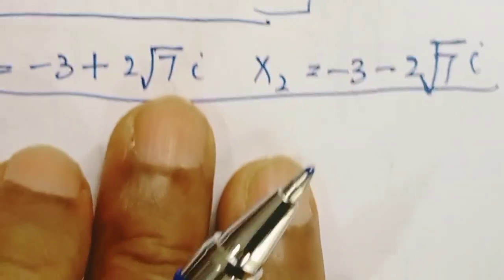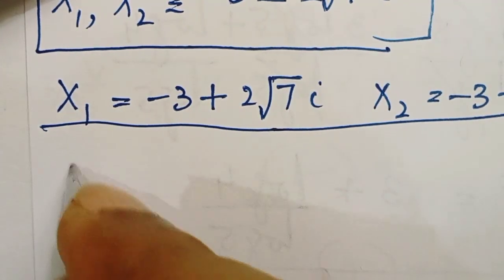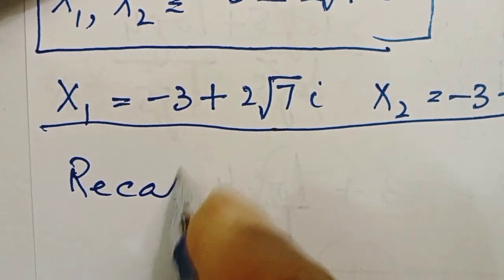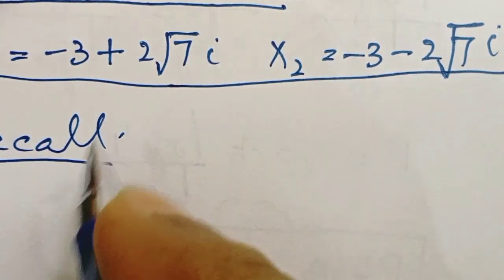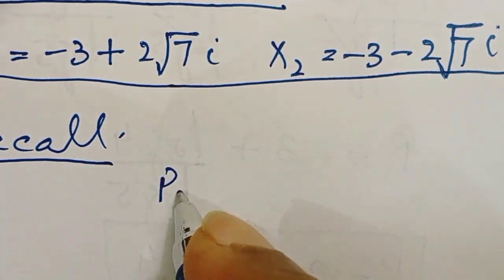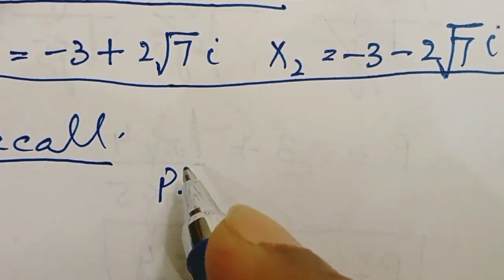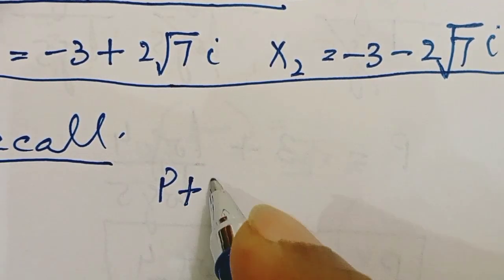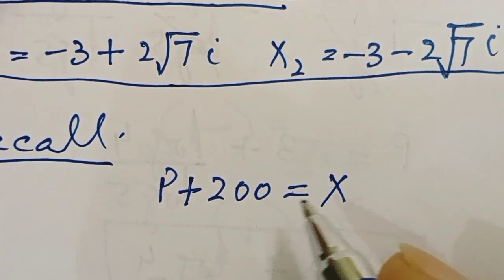So again recall, p plus 200 is equal to x.